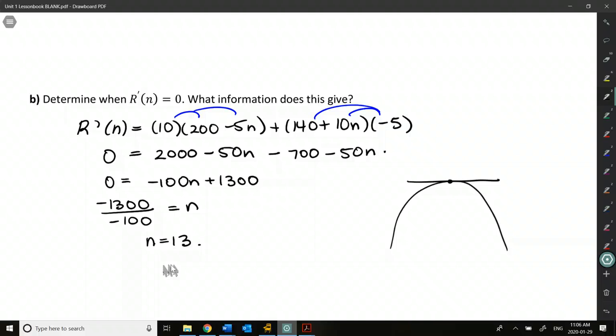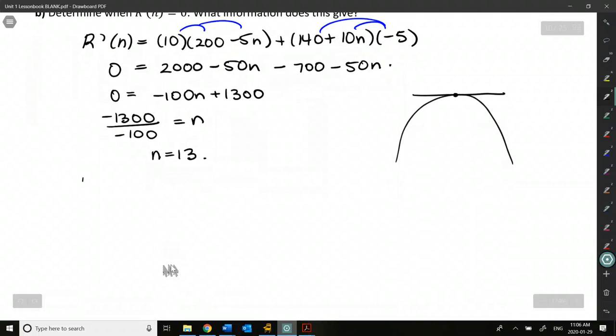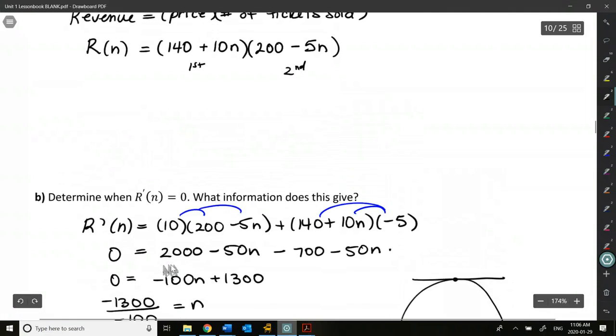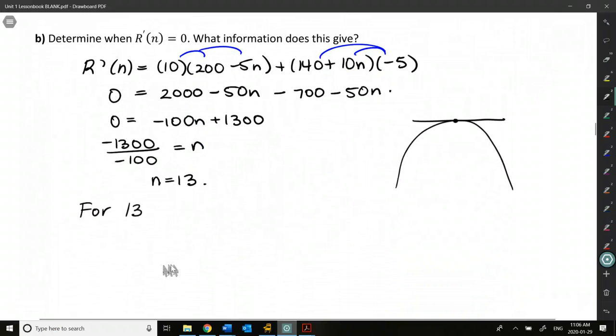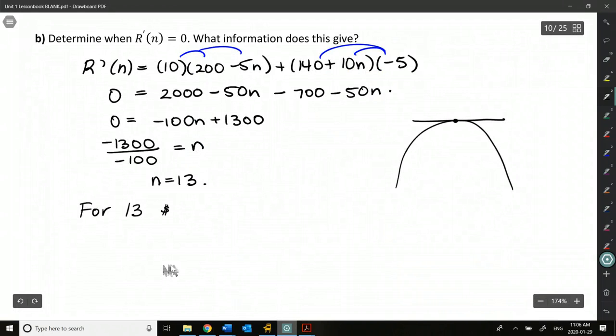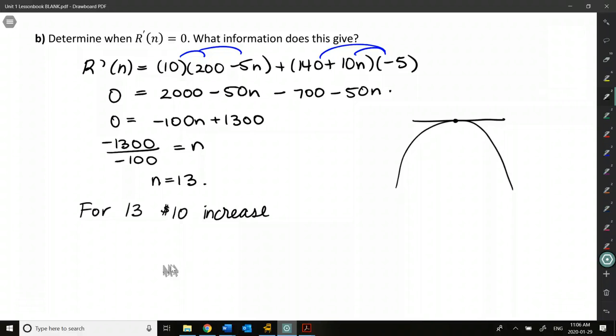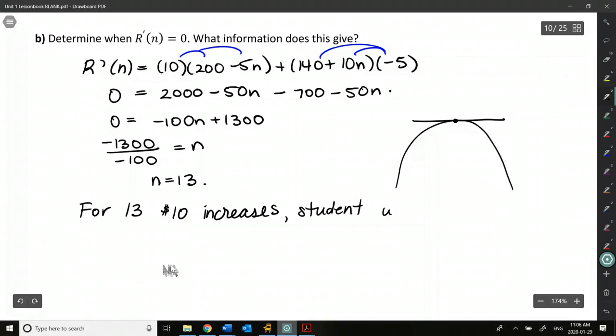So what we just found is that for 13 $10 increases, in other words, an increase of $130, student council will maximize their revenue.